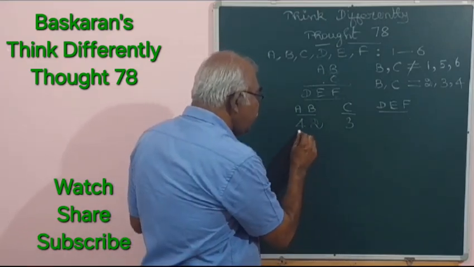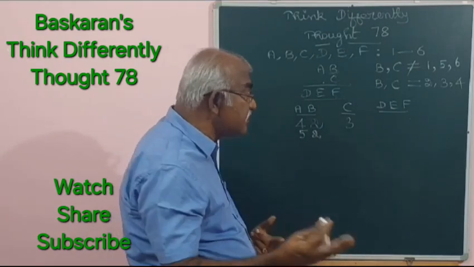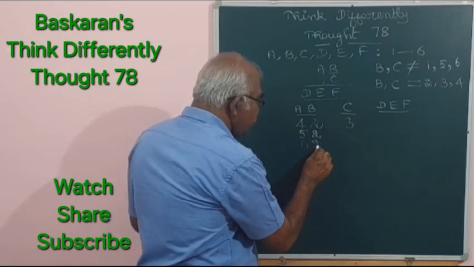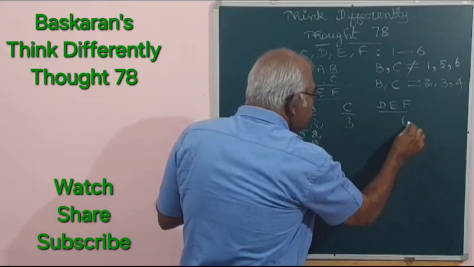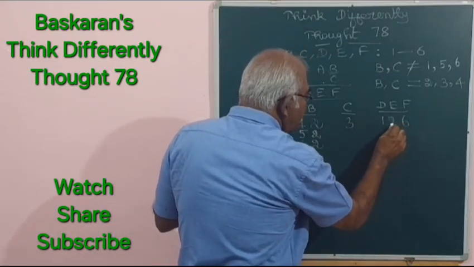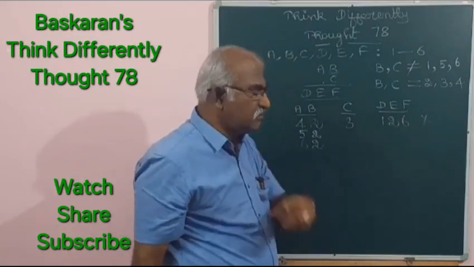A can be 5. A can be 6 also. And when you multiply by 3, 3 2s are 6, 3 4s are 12. You get 2 twice, so this is wrong.